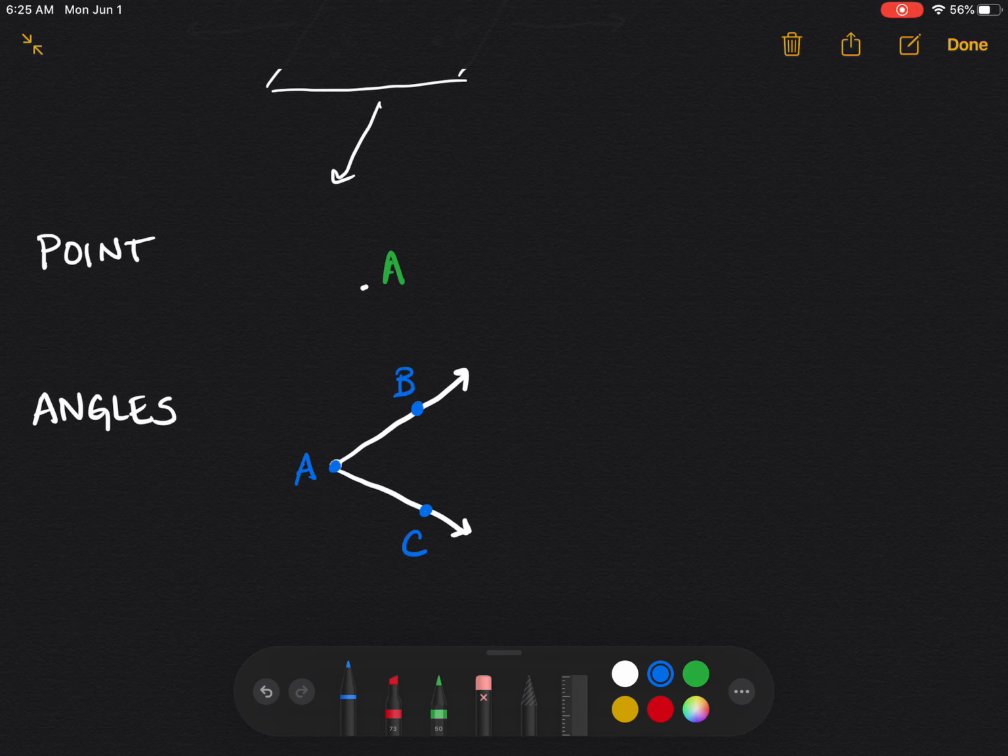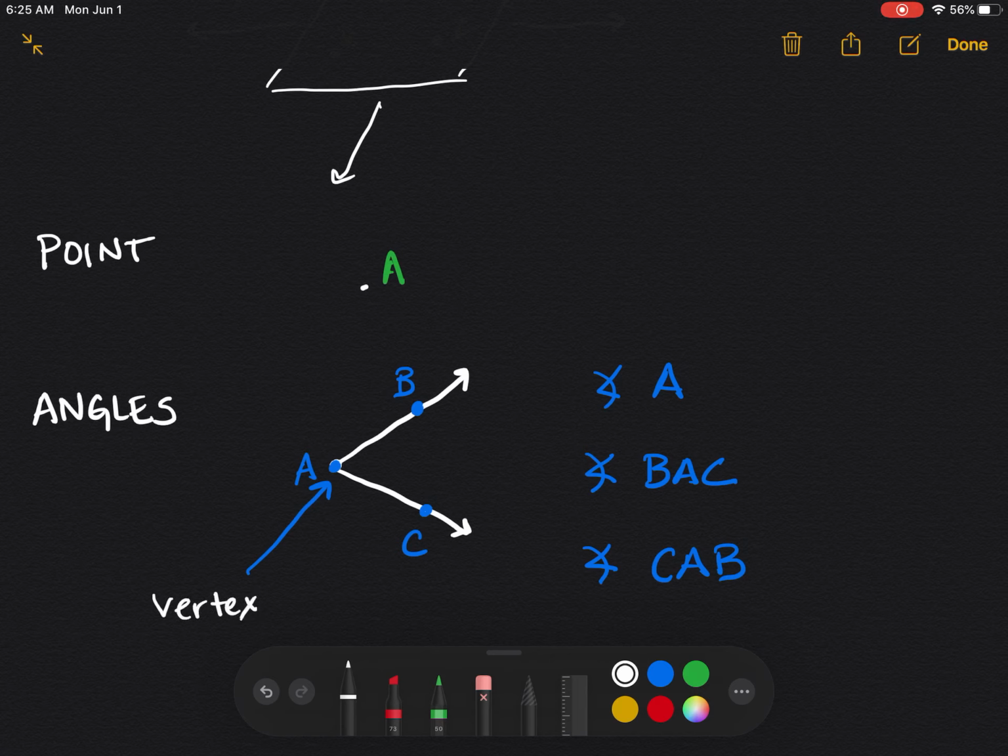And we could either call it angle A because of the vertex. You always use the vertex if you're going to name it with one letter. Or you could call it angle BAC or angle CAB. The important thing is that this vertex letter right here is always in the middle, or it's the one that we use here.